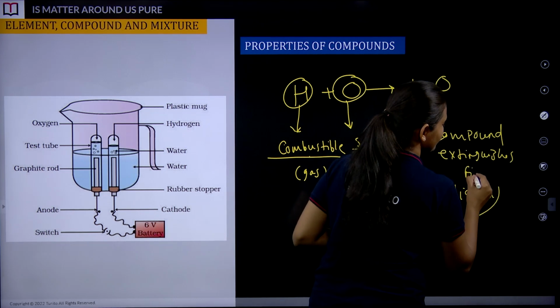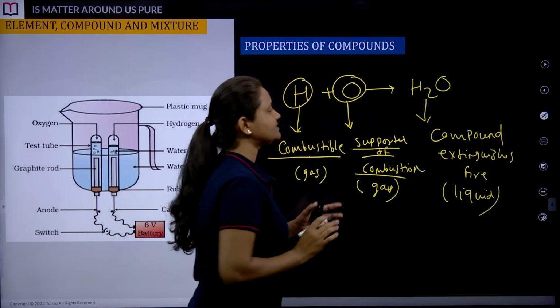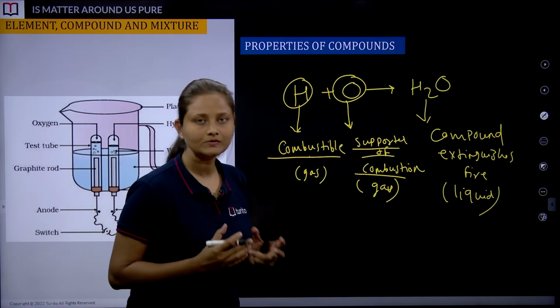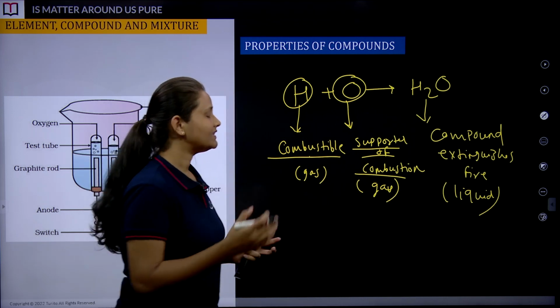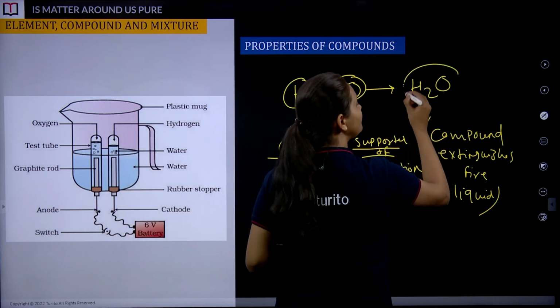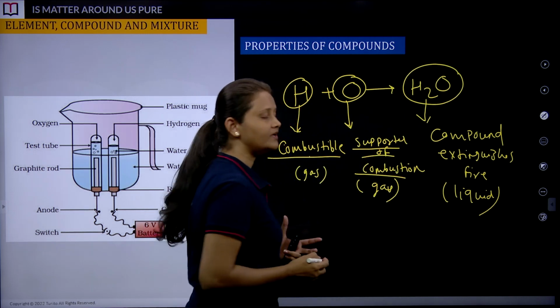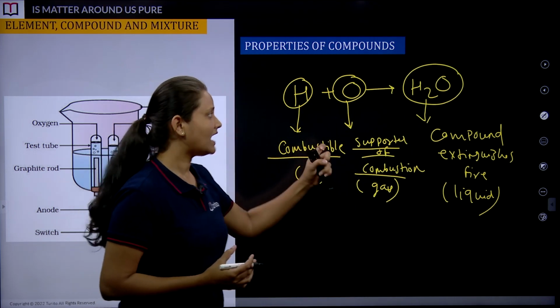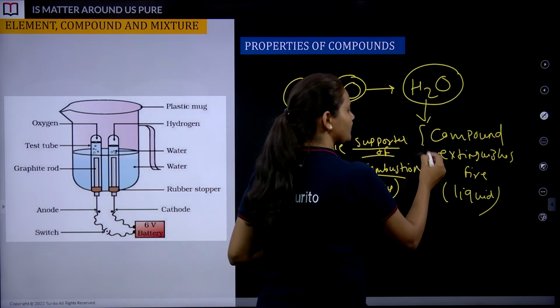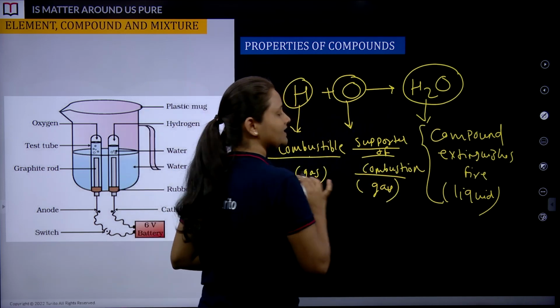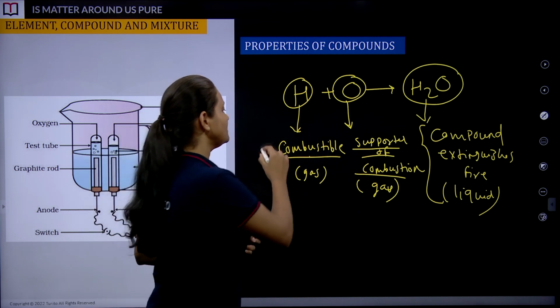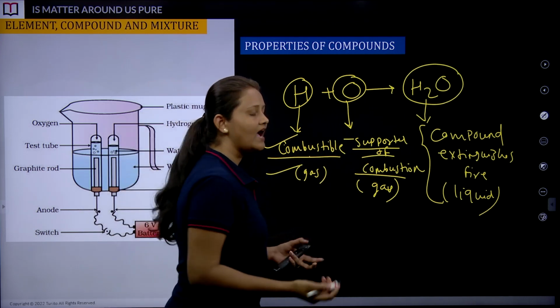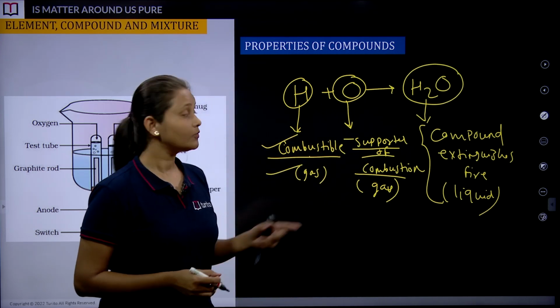So property-wise, it's completely opposite. That's why we say the compound, or the new substance which we obtain when two or more substances react with each other, has its own set of properties, and these properties are definitely not going to be the way hydrogen or oxygen has. Followed?